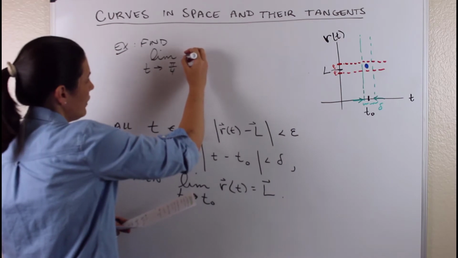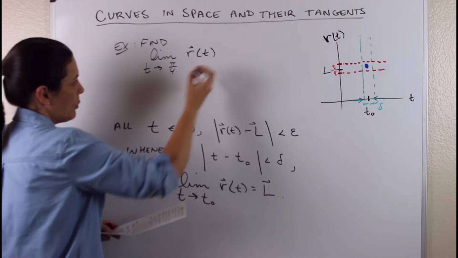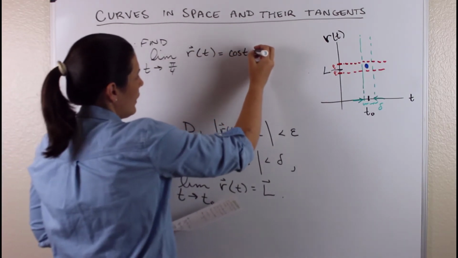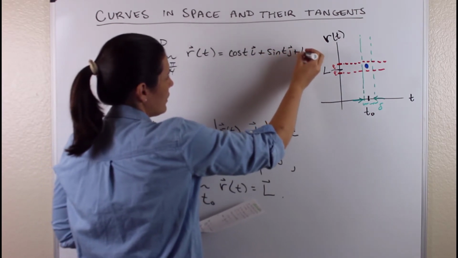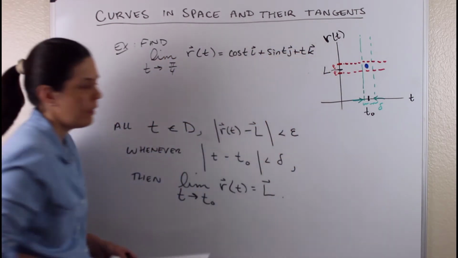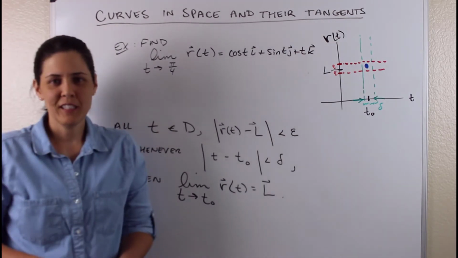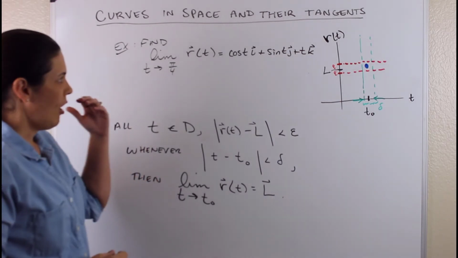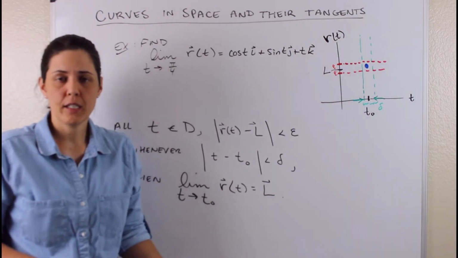So we're going to find the limit of r of t, and from the previous example that was cosine t i plus sine t j plus t k. Now here's the fun part. You don't have to do anything new that you haven't done in the past with limits. Try direct substitution. If it doesn't work, then you try another technique.